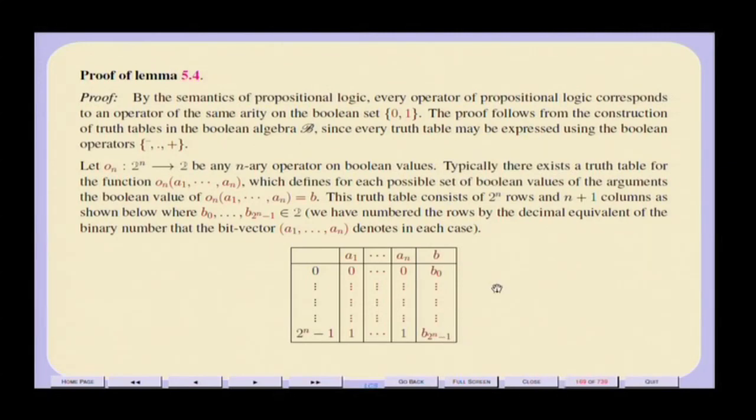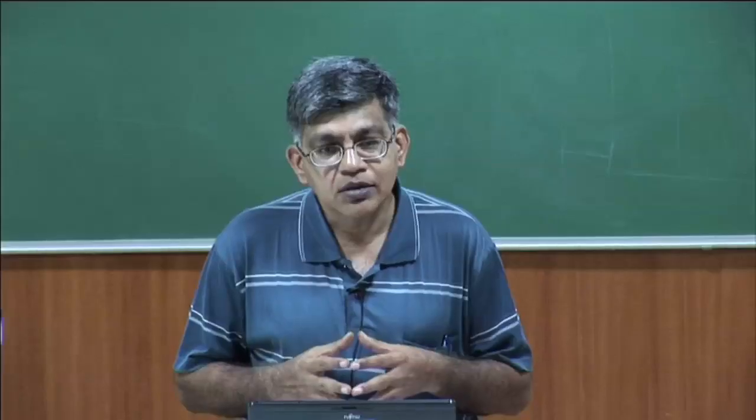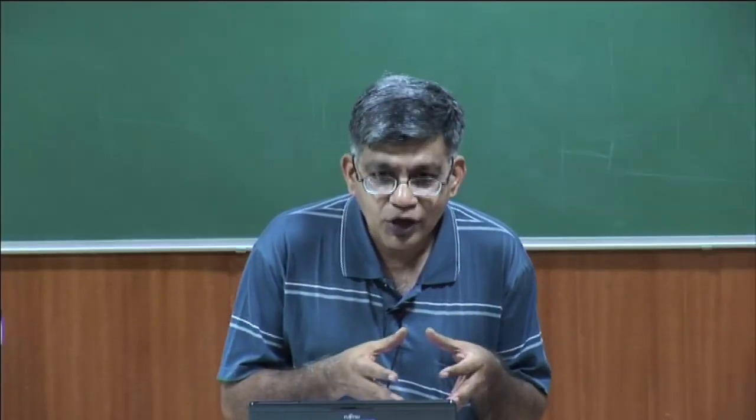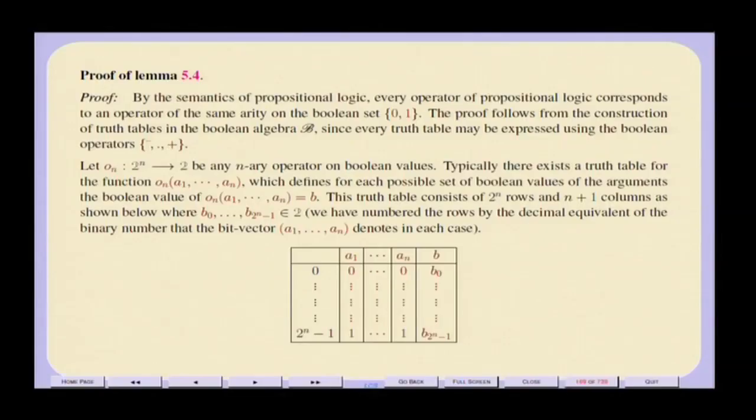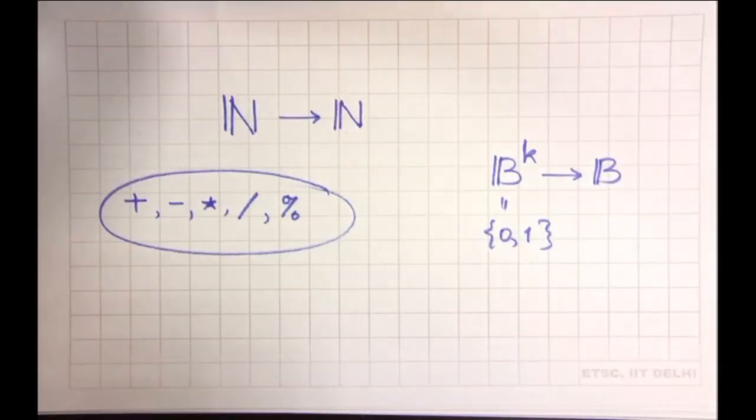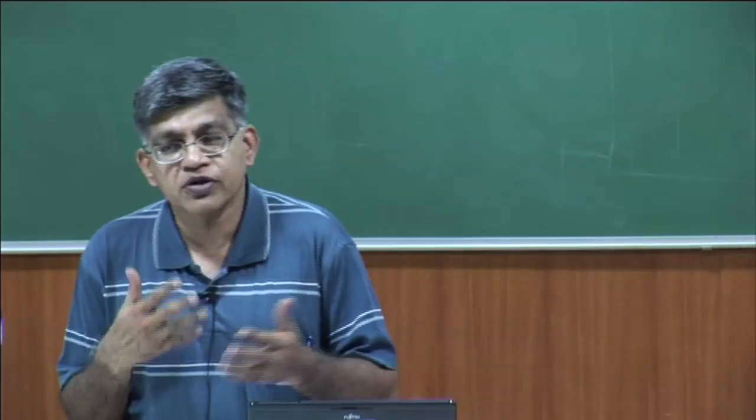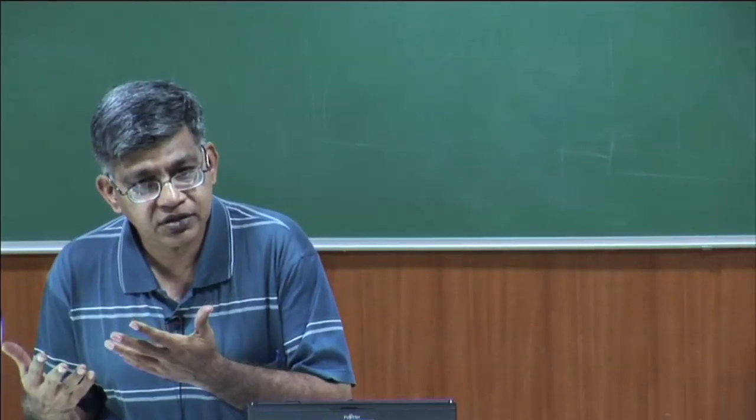Now, in Boolean algebra, partly because we are talking about a 2 element set, the finiteness of the set is important. In fact, one of the reasons why you cannot get a finite functionally complete set of operators for N to N is because N is infinite, and the number of functions from N to N is uncountably infinite.